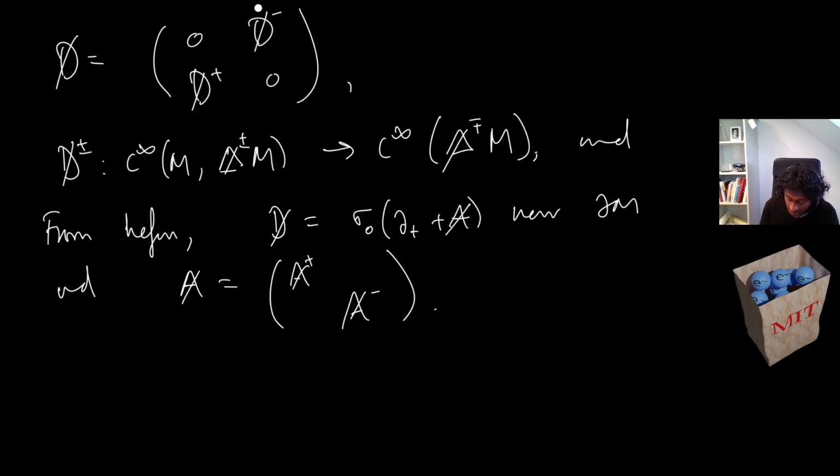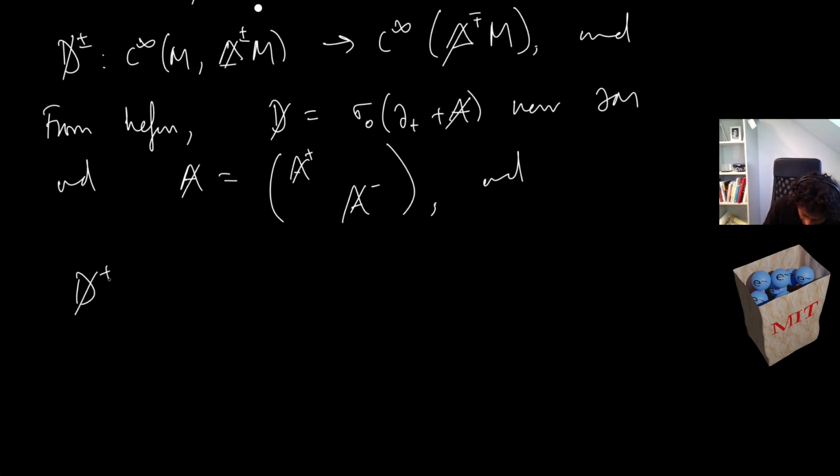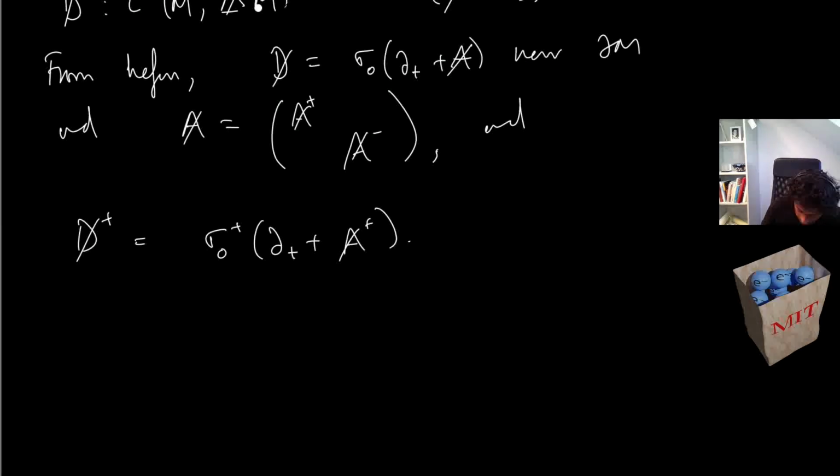It's really this symbol omega which flips things. D plus now is the object we're interested in, so this is going to be omega plus d/dt plus A plus. That's the object that we're going to look at.